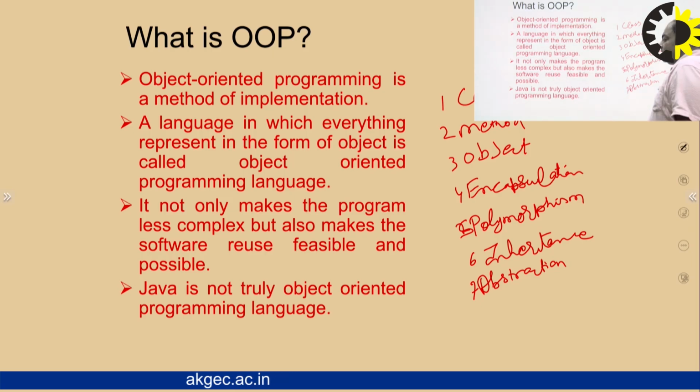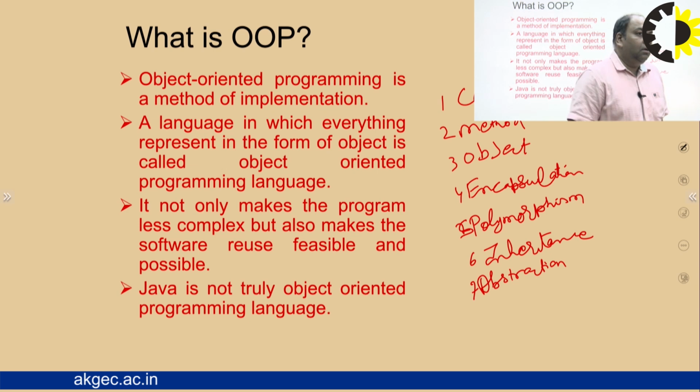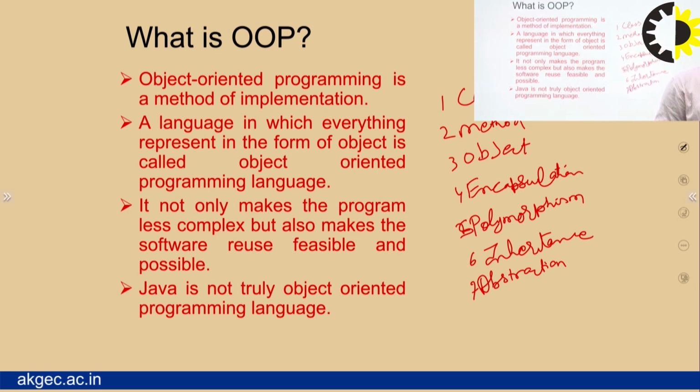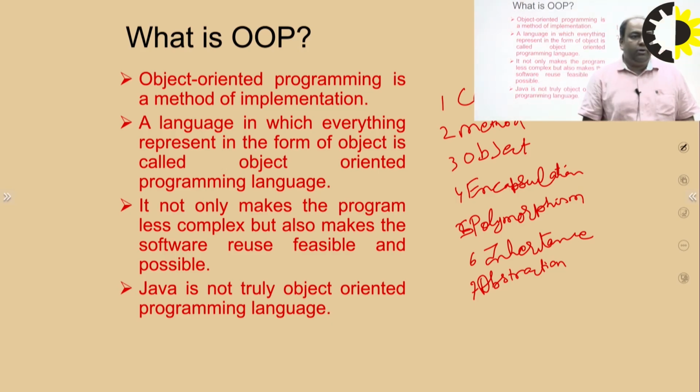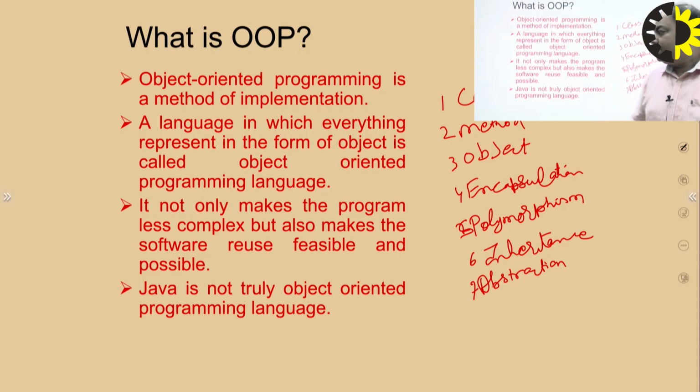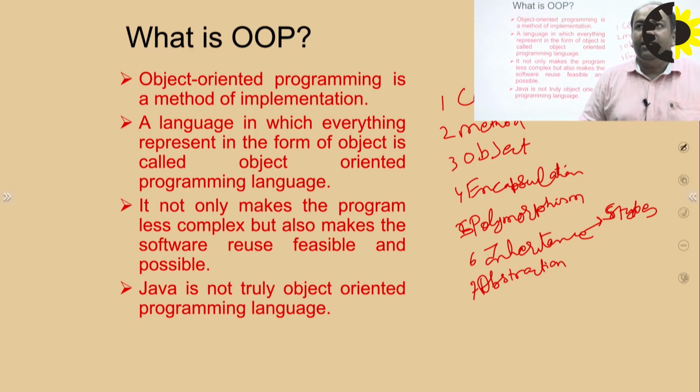All these seven concepts come under the object-oriented programming language in Java, but Java is not truly object-oriented programming language because inheritance is of 5 types. But one type, which is multiple inheritance, is not directly supported in Java.